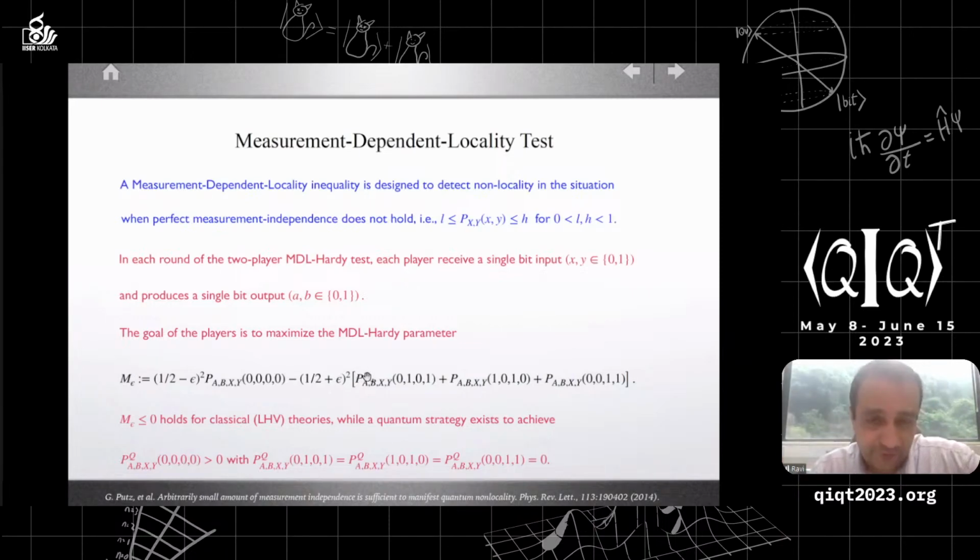Now we might know that classically you can prove quite easily that for local hidden variable theories, this quantity is bounded by 0, whereas a quantum strategy exists to achieve these 3 probabilities to be 0, while this probability is not 0, which means that you can achieve M epsilon greater than 0 in quantum mechanics. So this is one of the ways to detect non-locality in the situation where you do not have perfect randomness, but you have some epsilon amount of randomness.